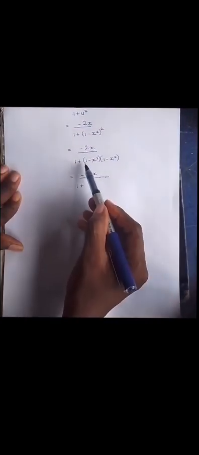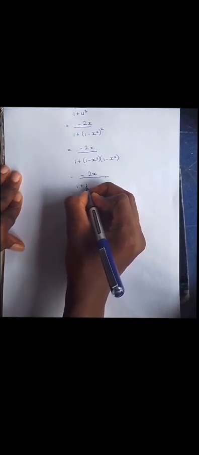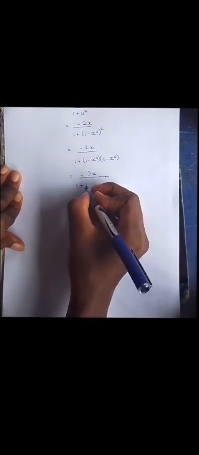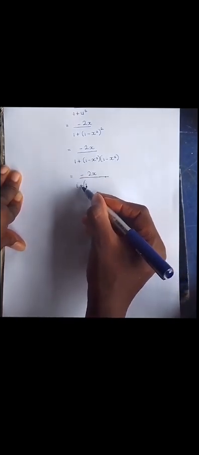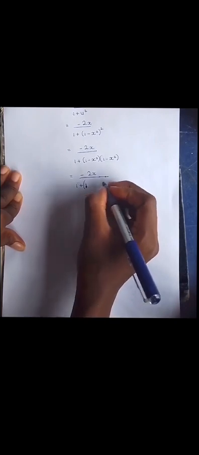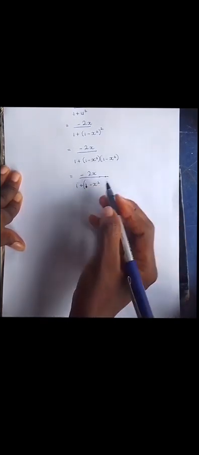Minus 2x all over 1 plus, I'm going to open this bracket, 1 times 1 gives me 1, 1 times minus 2, I'm putting this bracket because of this plus here, 1 times minus x squared is minus x squared.